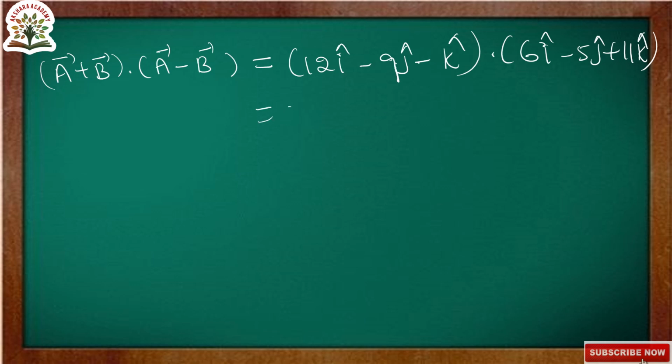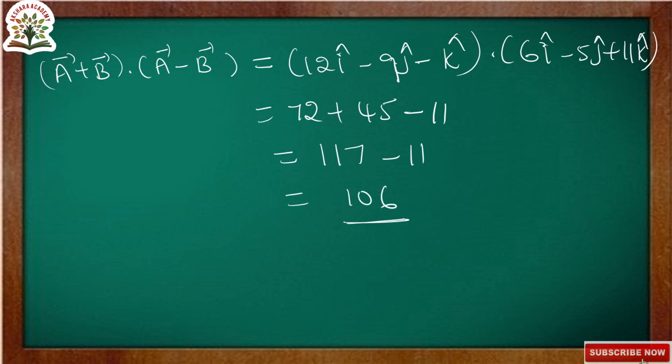Here 12 times 6 is 72, minus minus into minus plus, 9 times 5 is 45, and minus 1 into 11 is minus 11. So that is equals to 72 plus 45 is 117, minus 11, that is equal to 106. This is A bar plus B bar dot product of A bar minus B bar.